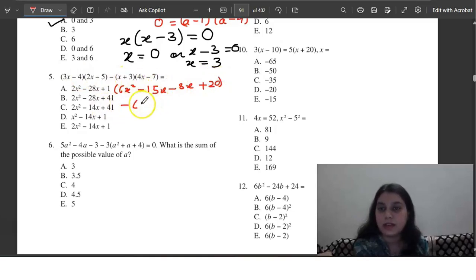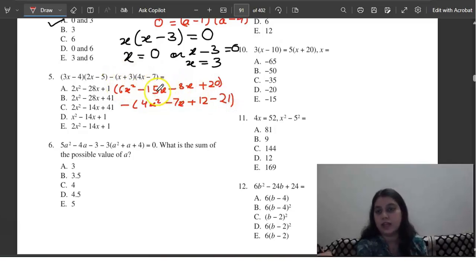Minus the second bracket, this is 4x square minus 7x plus 12x minus 21. Right, now we're just going to add the like terms here and then open this bracket. So this is 6x square.